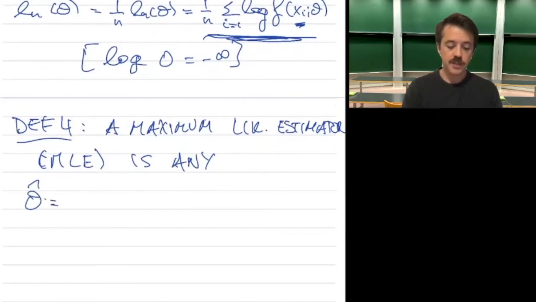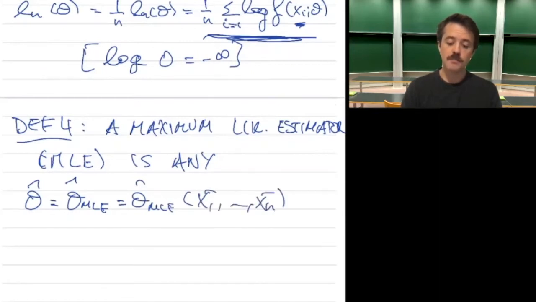This is an estimator that sometimes we will explicitly say is the MLE, and this is a function of the sample, and it has to belong to the parameter space for it to be a well-defined estimator.